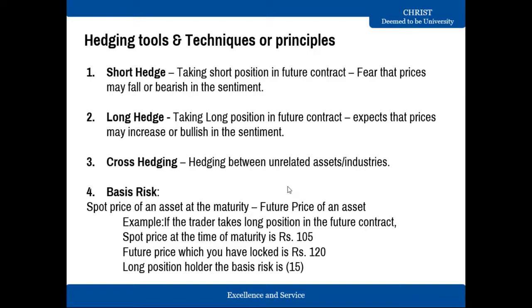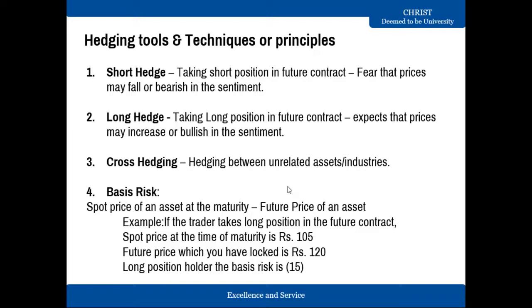That's why most traders don't hold the contract up to maturity. If they hold the contract up to maturity, they will not have a profit or loss. So it will be at equilibrium, because there is research evidence that the spot price will converge to the future price of an asset at the time of maturity.